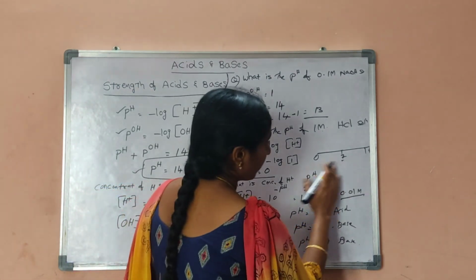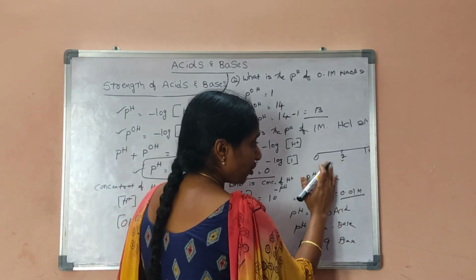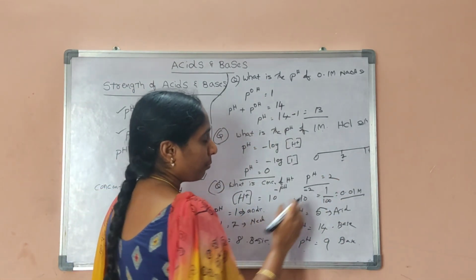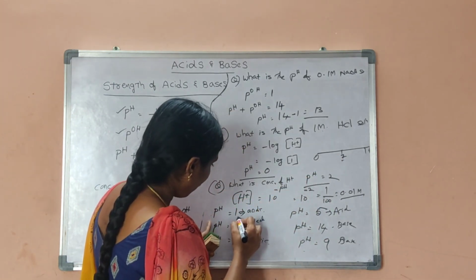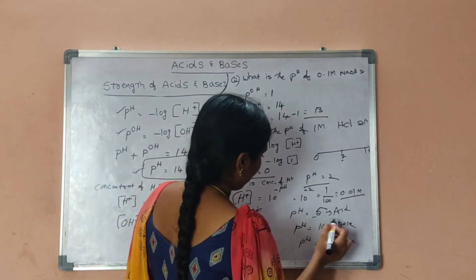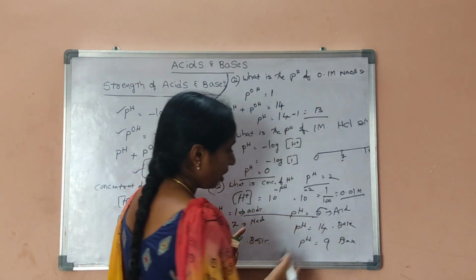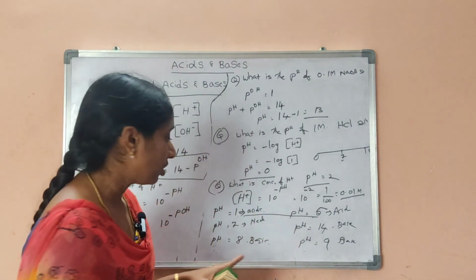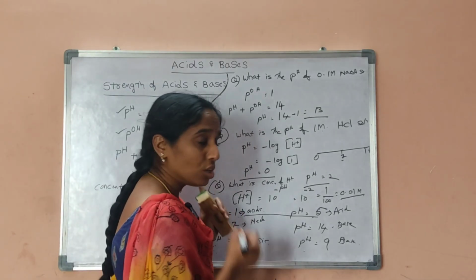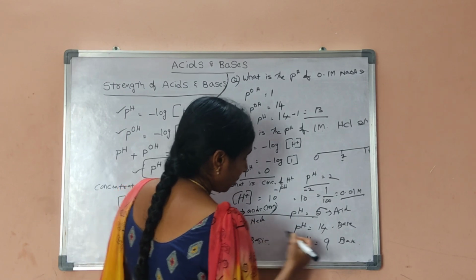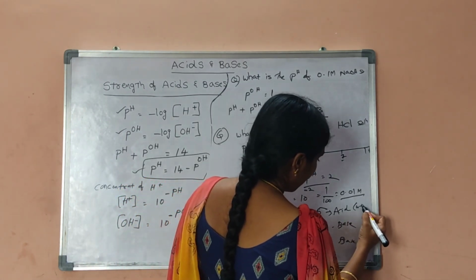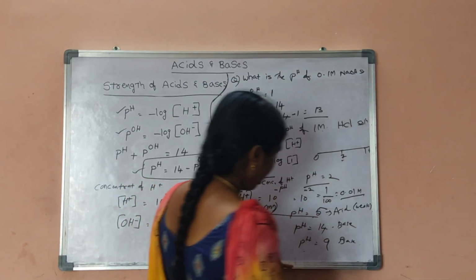But how do you say which is the strong acid or weak acid? From 7 to 0, acidic nature is increased. pH values will be decreased. So here pH equals 1, pH equals 5. Both are acidic. But which is the strong acid? pH 1 is the strong acid. pH equals 5 is weak.